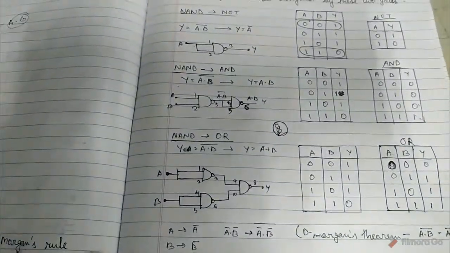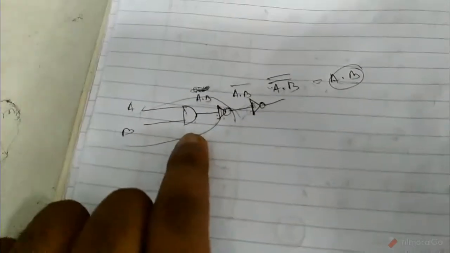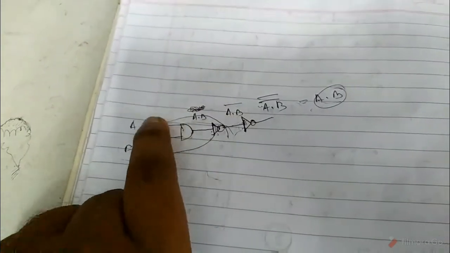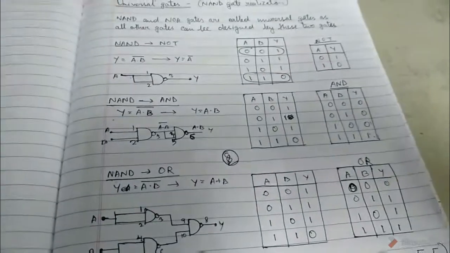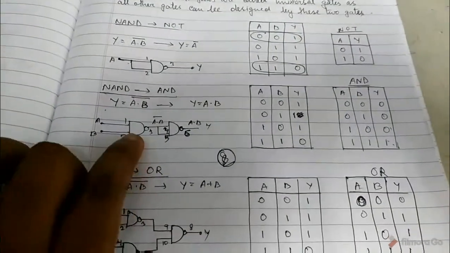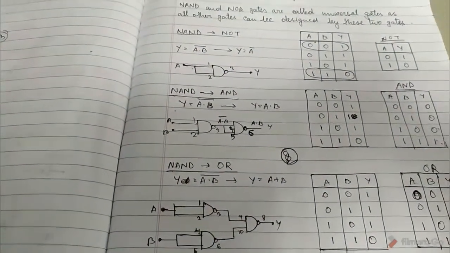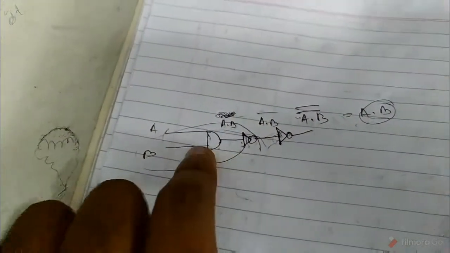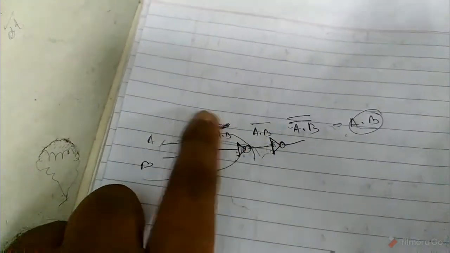Now tell me, we have constructed a NAND gate here using basic gates. So why are we calling the NAND gate a universal gate? The answer is, here we have used two different types of gates.